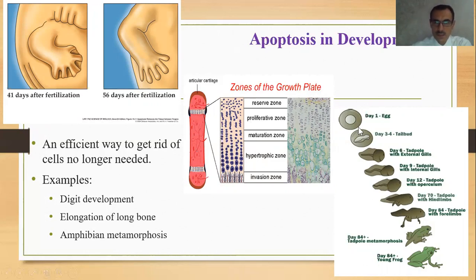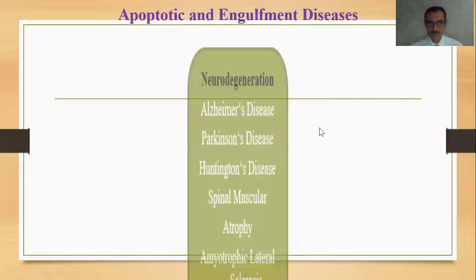Or the amphibian metamorphosis from the tadpole stage to the formation of the young frog, and here we see the dissolution of the tails of these animals by apoptosis.